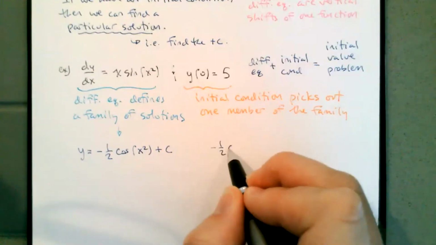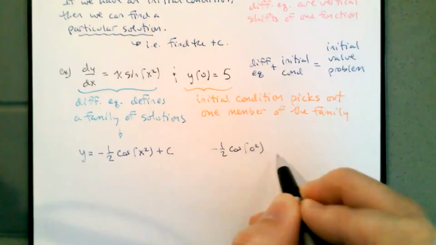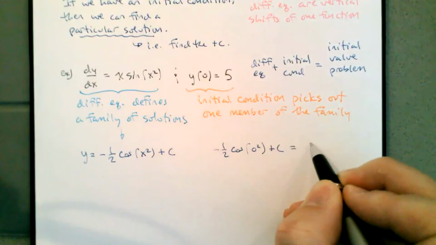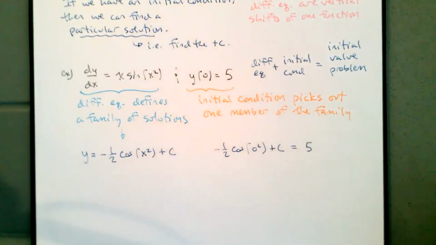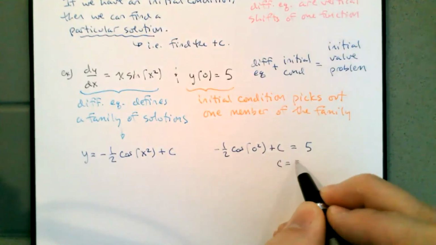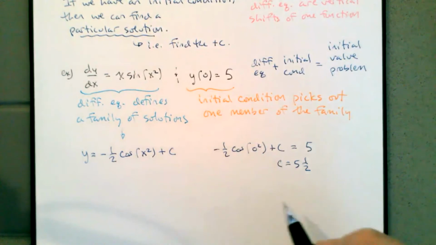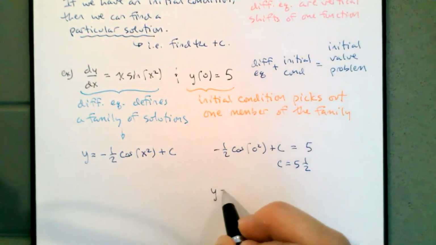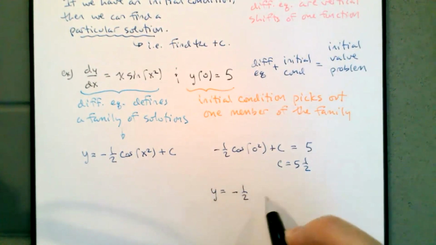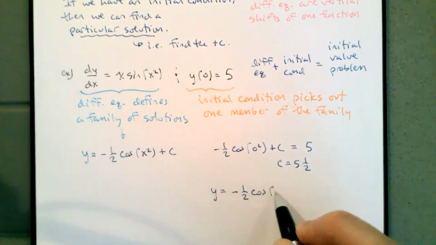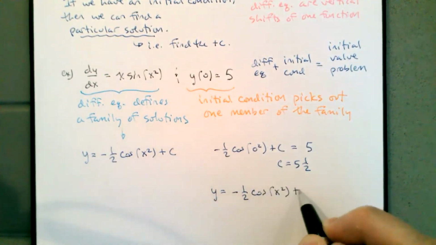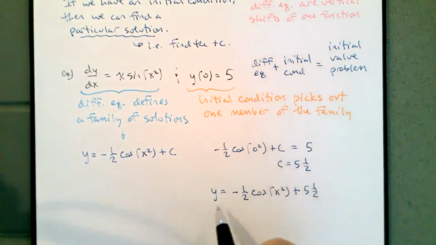Negative 1/2 cosine of 0 squared plus some constant is equal to 5. This will allow us to solve for c. So c is equal to 5.5. So the particular solution that we're looking for is negative 1/2 times the cosine of x squared plus 5.5.